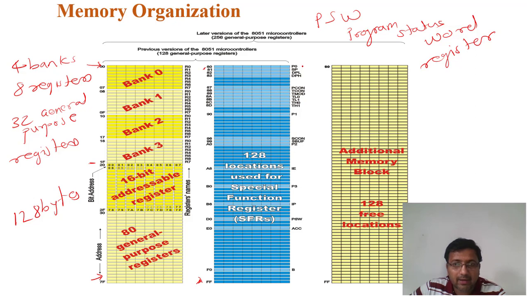So these are the different SFRs available, and port 1 is 90, port 2 is A0, port 3 is B0, then IP is at B8, B register is at F0, accumulator is at E0. So whenever you load the memory E0, that data will be loaded into the accumulator only. When you load the data into F0, then that data will be loaded into the B register.